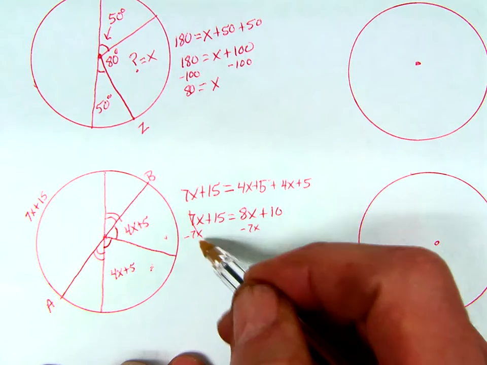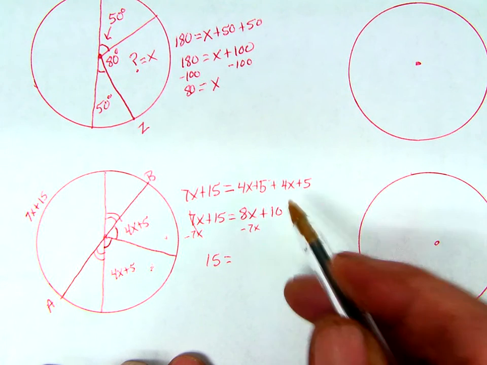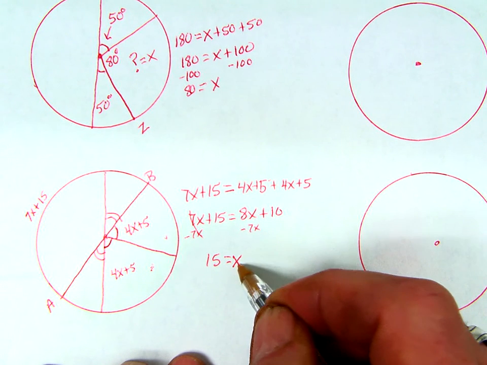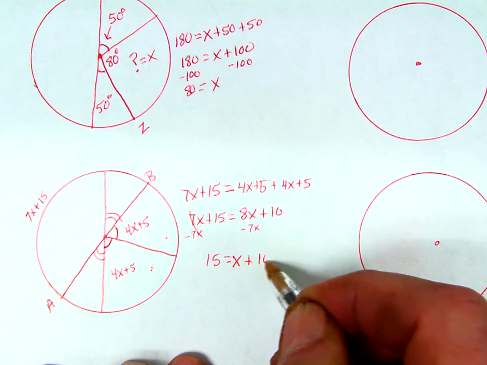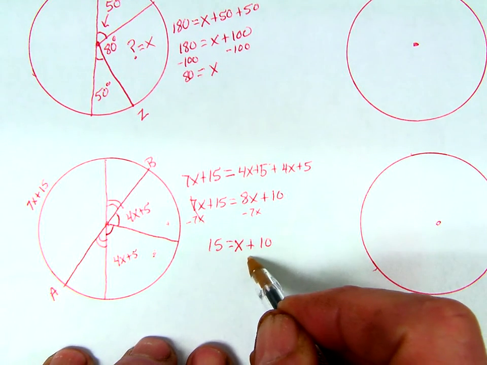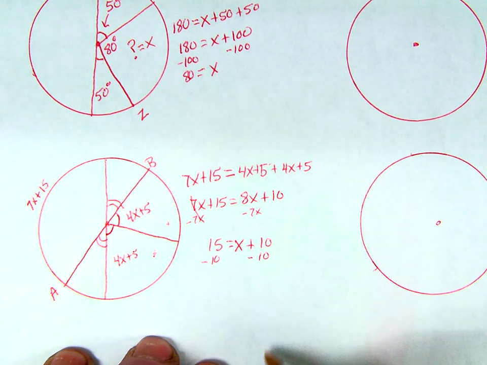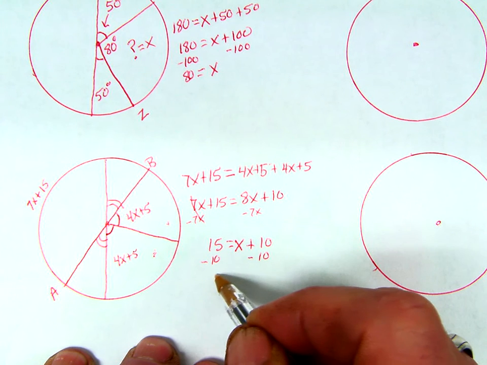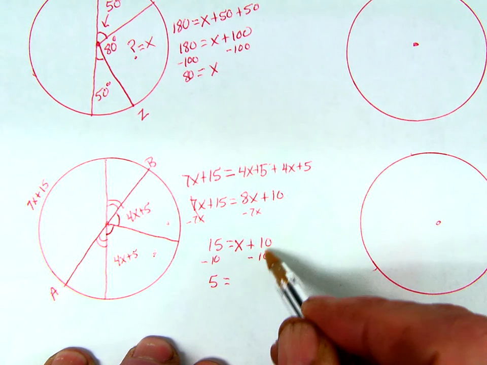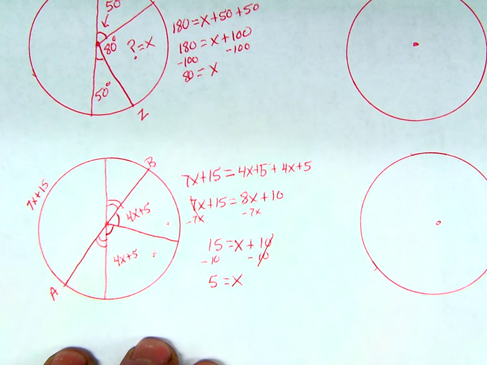Takes care of that. 15 equals 8x, take away 7x is just x, plus 10. Move everything else to the other side, so minus 10, minus 10. 15, take away 10 is 5. That cancels out. All we have here is x, so x equals 5.